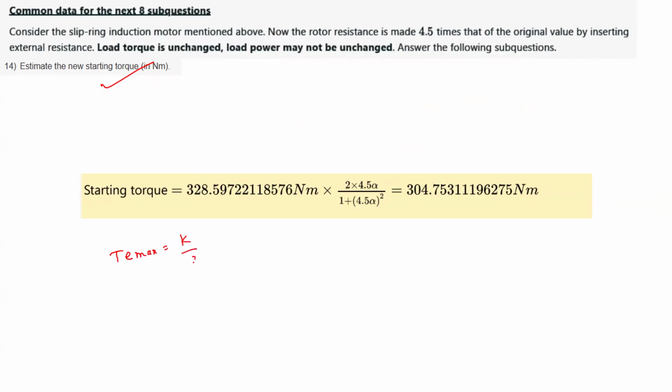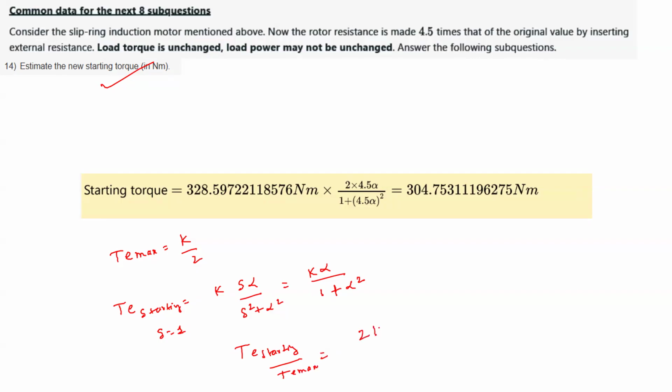T max is K by 2, and T at starting, let us say for now I'm just writing, is k s alpha by s square plus alpha square, and T at starting means slip is equal to 1. So this becomes k alpha by 1 plus alpha square. Now, if I take the ratio of T starting by T max, this becomes 2 alpha by 1 plus alpha square.